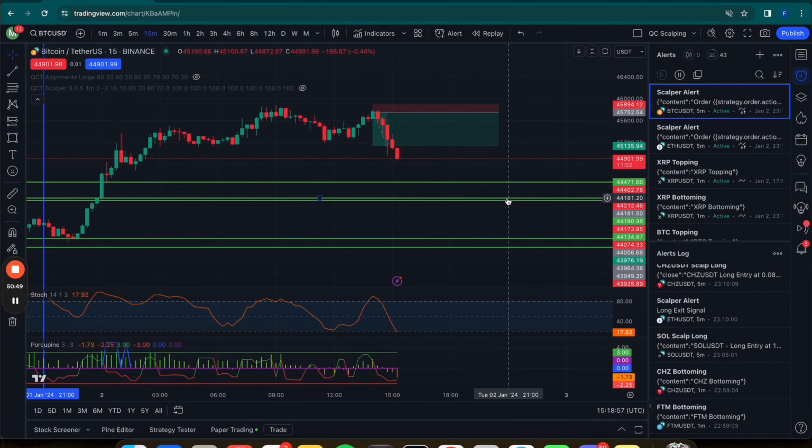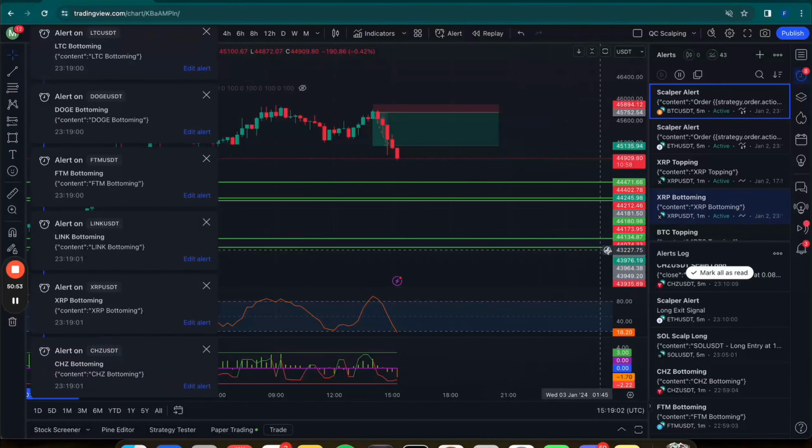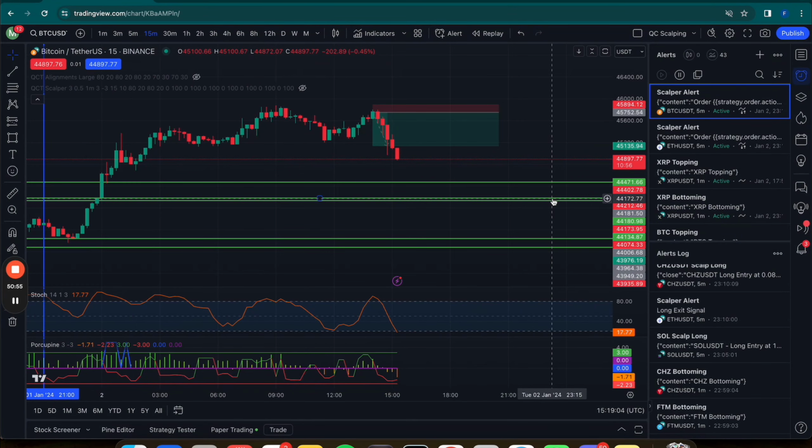So by default, we're not chasing, we're anticipating, right? So we will not FOMO into a trade. We'll wait for the market to come to us. And we can do that on other coins as well, not just Bitcoin. And what will happen there is that we'll find better setups than just Bitcoin.